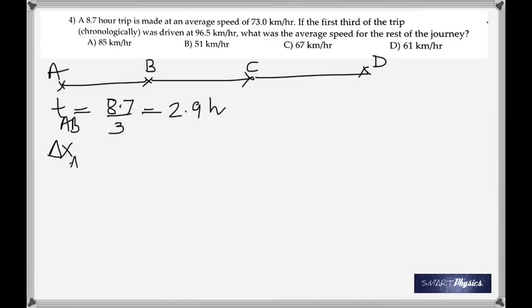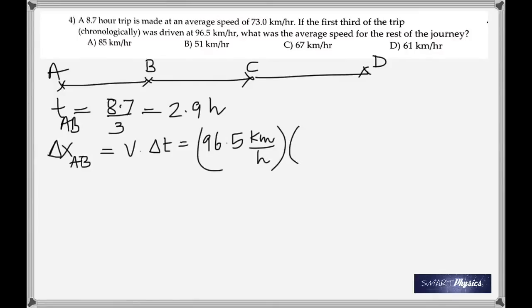And then the displacement AB is just the speed, which is 73 kilometers per hour. Oh, wait, hold on. It is 96.5 kilometers per hour, sorry, multiplied by 2.9. And you get the displacement AB.